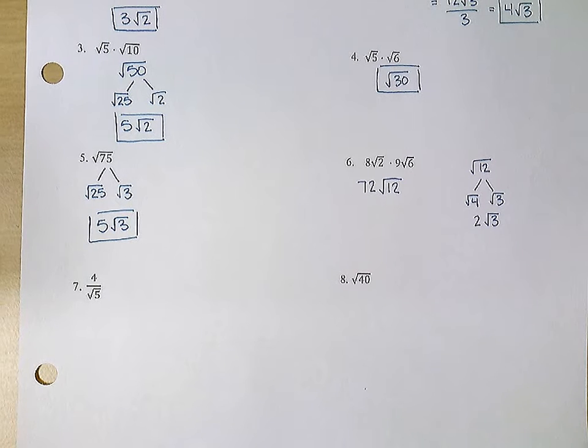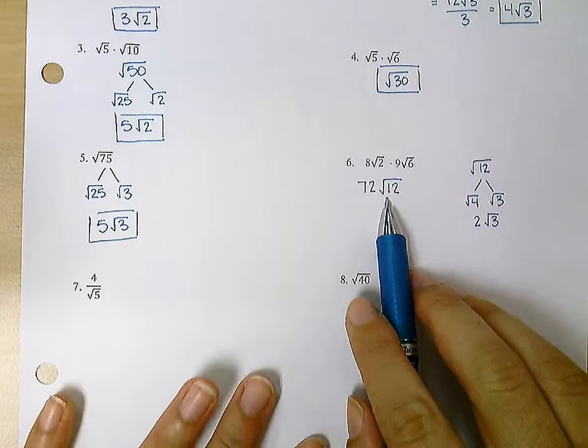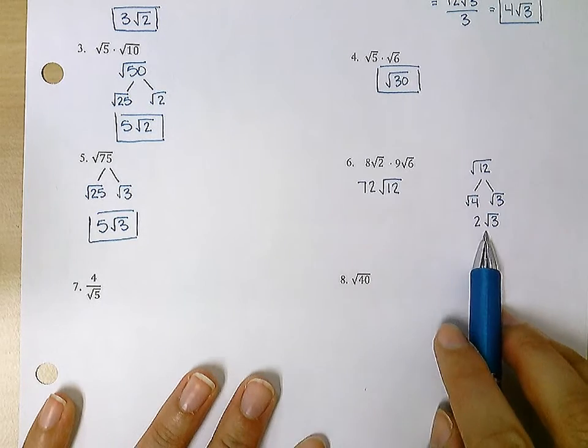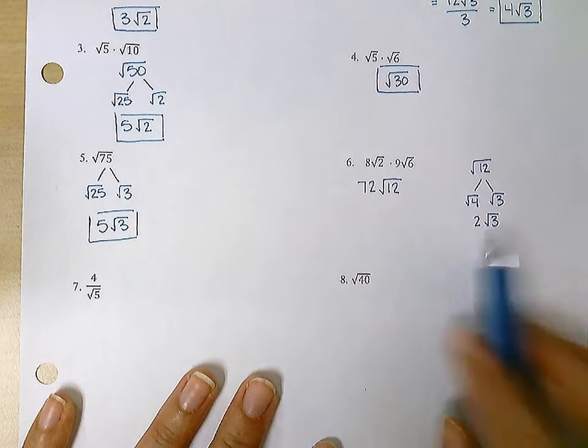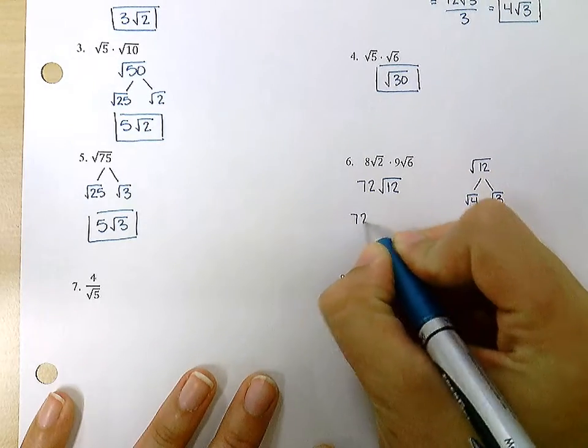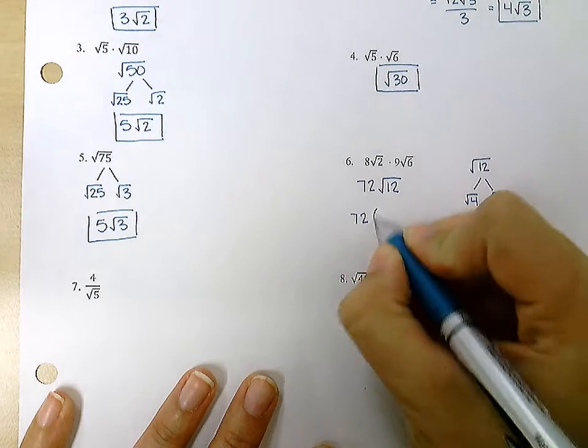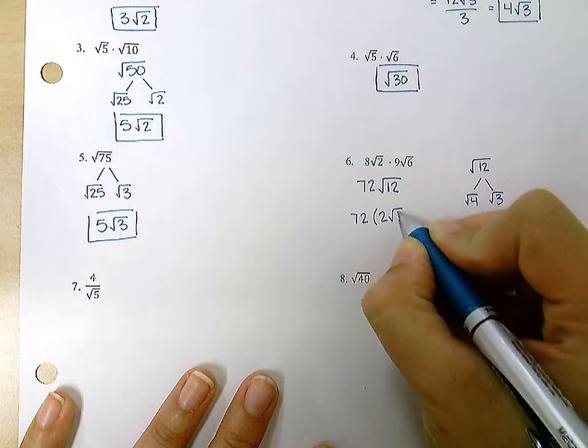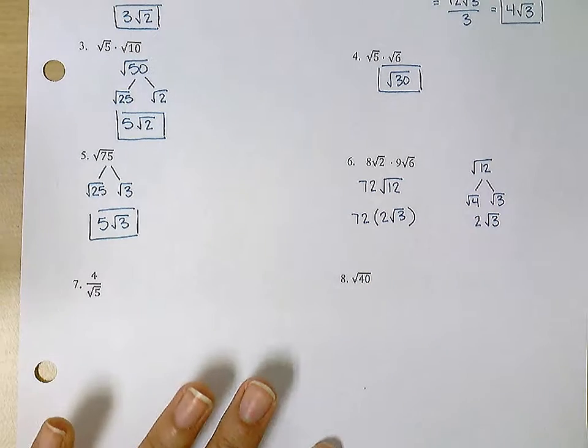So now, instead of the square root of 12, I'm going to replace it with 2 times the square root of 3. I still have this 72, and we're going to multiply it by 2 times the square root of 3.